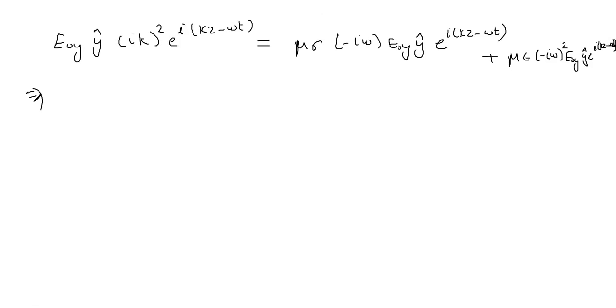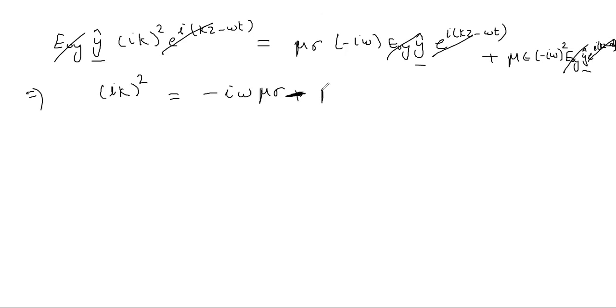That basically means that I can cancel E0y from here. I can cancel e raised to power iota kz. It's there in every single term here. Each one of them is along the y axis, so I don't need to really write the y unit vector here onwards. I can simply say that iota k whole square is equal to minus iota omega mu sigma plus, minus square plus iota square will be minus here, so you will have minus here also.